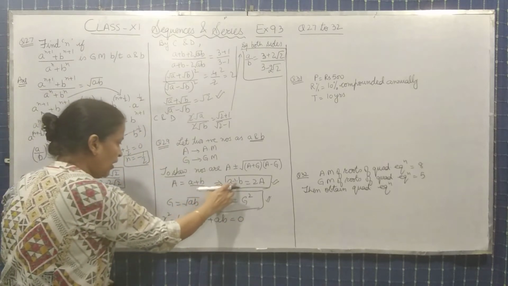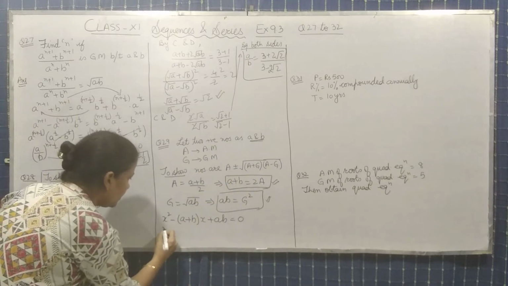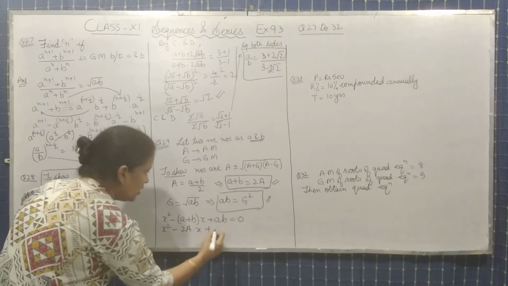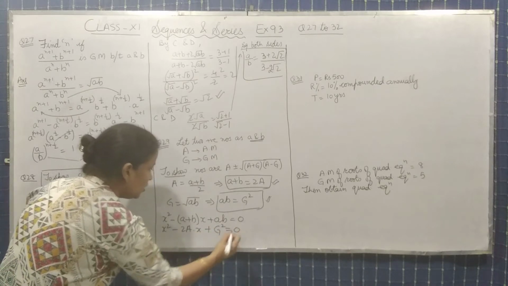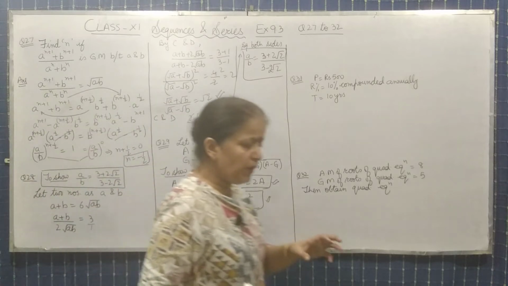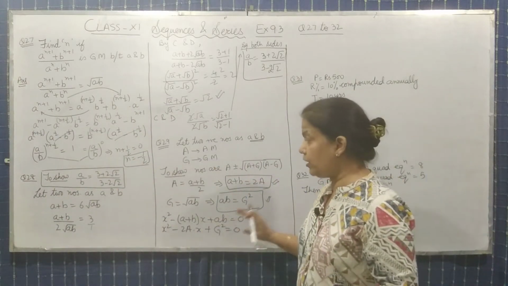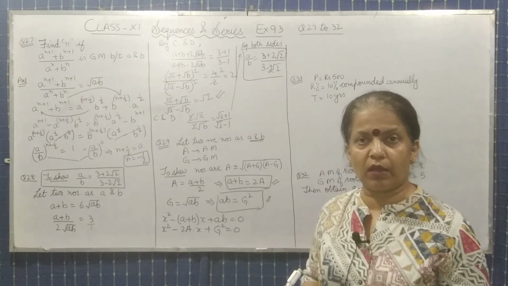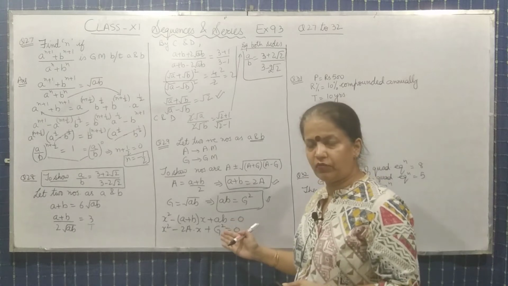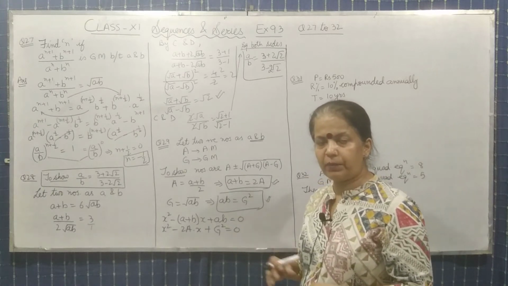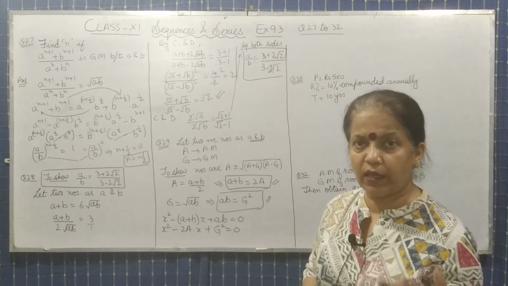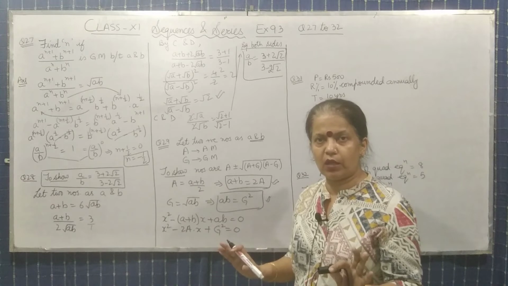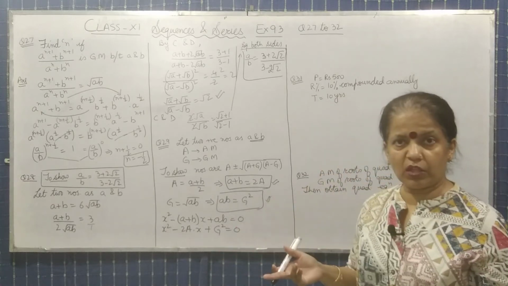Now instead of a plus b, put its value: x square minus 2ax plus product is g square equals to 0. अब ये जो a और b है यहाँ पे इस x के जीरोस हैं, तो हम a और b की वैल्यू कैसे निकाल सकते हैं? How will you find out the value of a and b? अगर हमारे पास क्वाड्रेटिक इक्वेशन की दो जीरोस आ जाएं तो वो दो जीरोस a और b होंगे. So how to find out the value? So by using the discriminant formula.